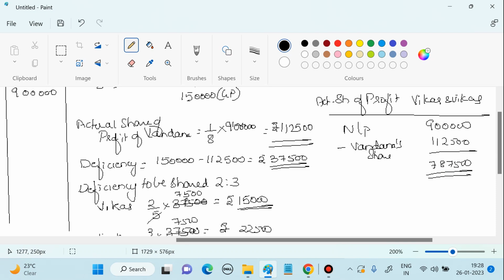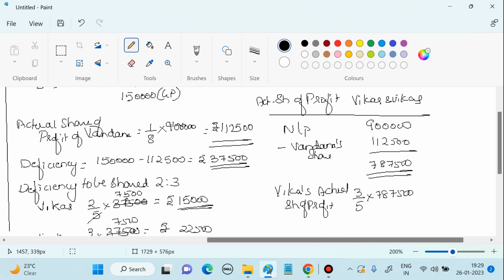This profit was going to get divided between Vikas and Vivek, and they both are going to have the same ratio as before, and therefore Vikas's actual share of profit is going to be in the ratio of 3:2, means 3/5 of 7,87,500.